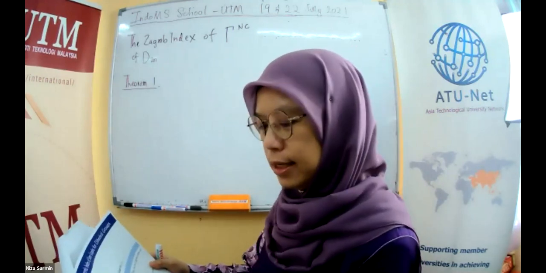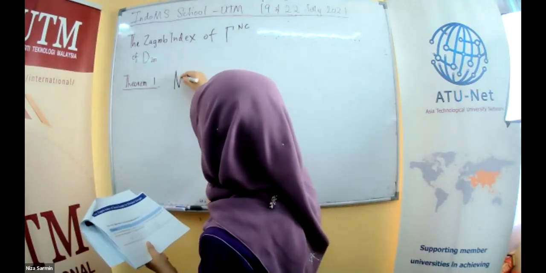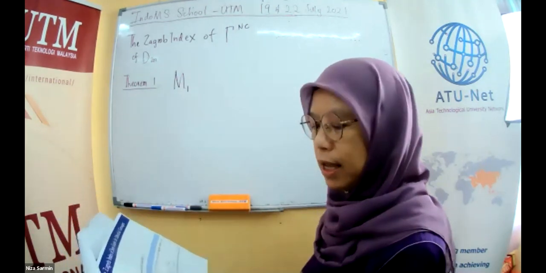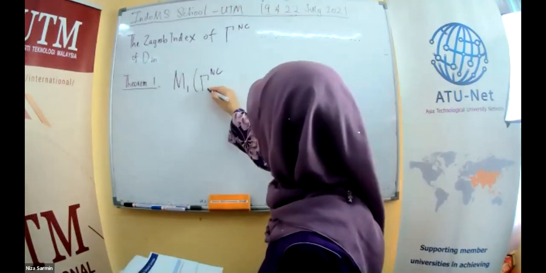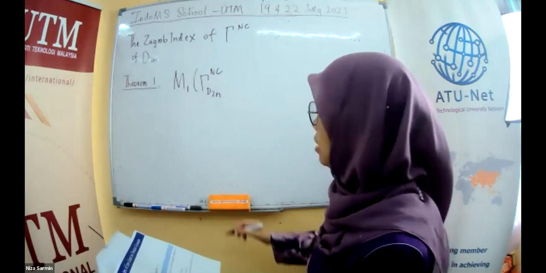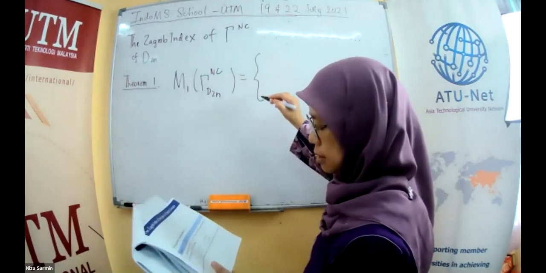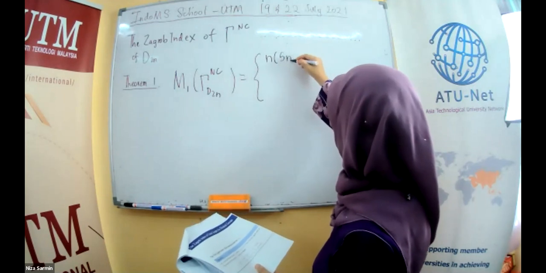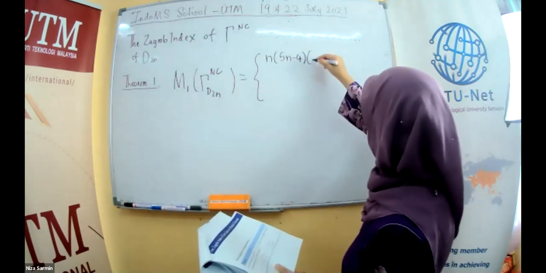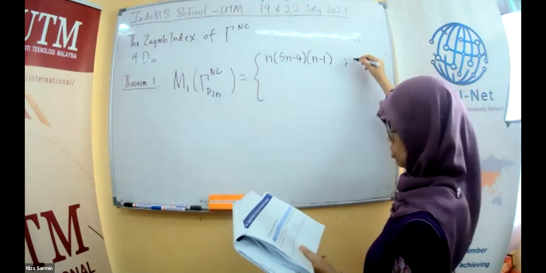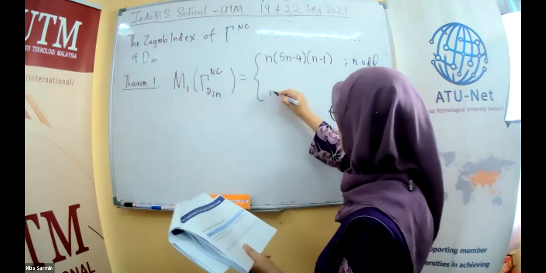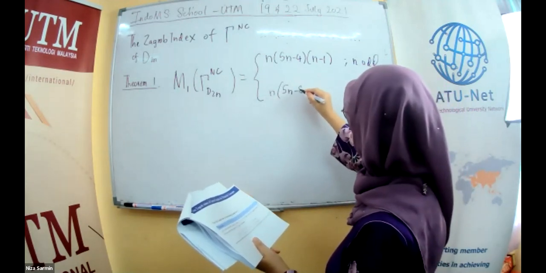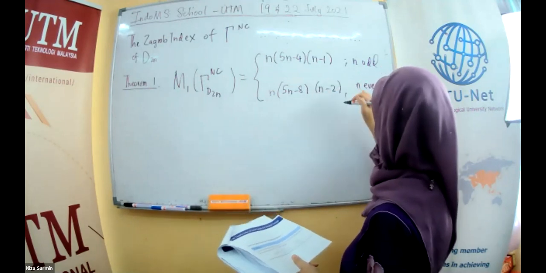Okay. Oh, right. Theorem. So M1, the first Zagreb index of the non-commuting graph of the dihedral group, is n(5n minus 4)(n minus 1) ... So we have two cases here, n odd and n even, and 5n minus 8, n minus 2.